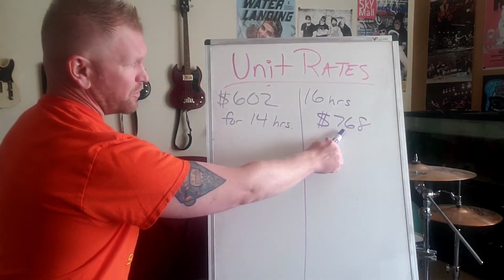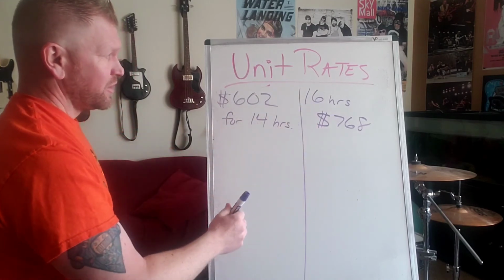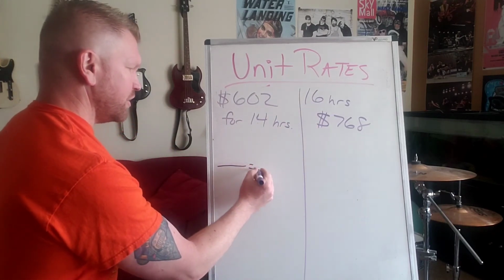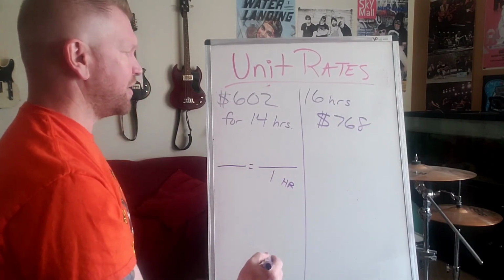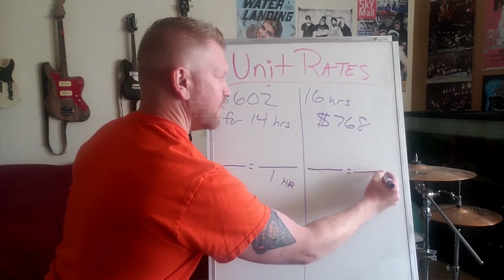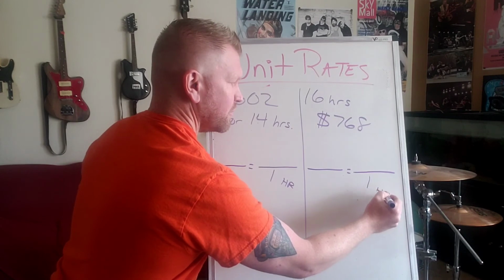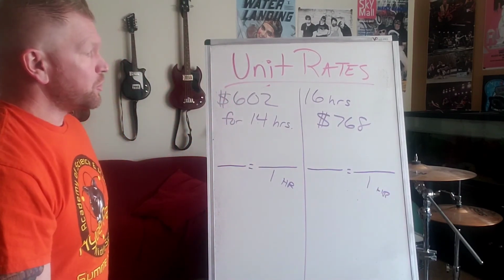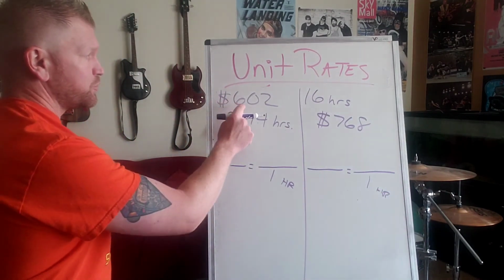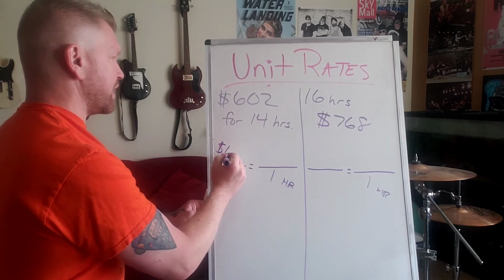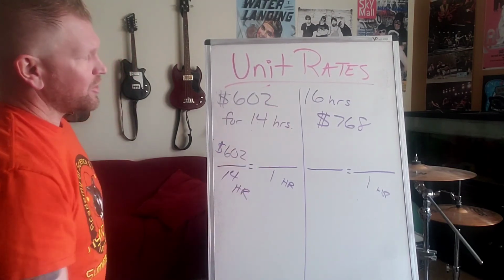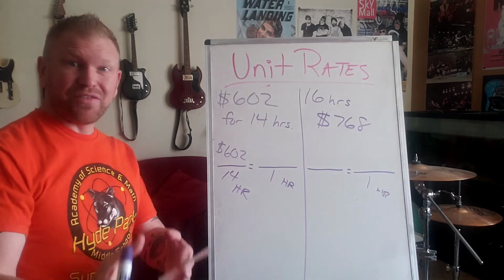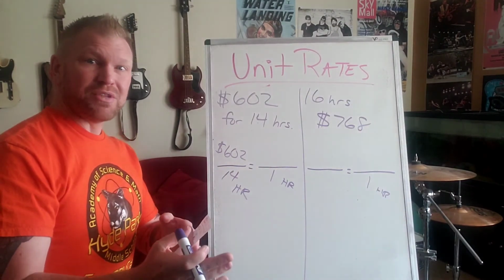This person got paid more money, but they also had to work longer. So if we want to know per hour, we want it to be 1 hour in the denominator. This one, you put the first number that I gave you over 14 hours. This one I switched around the way that I gave you the information to let you know that sometimes you got to think.